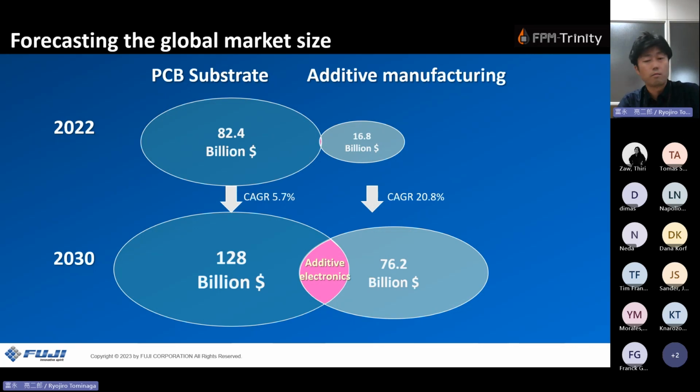Here is the market for additive electronics. Based on research from IDTechEx, this market will be $2.3 billion by the end of 2029. But I think that is just a forecast. What is very important for us is that we are going to expand this pink area together with the James platform.